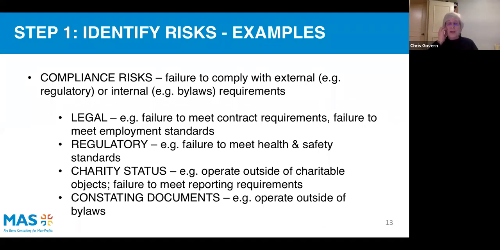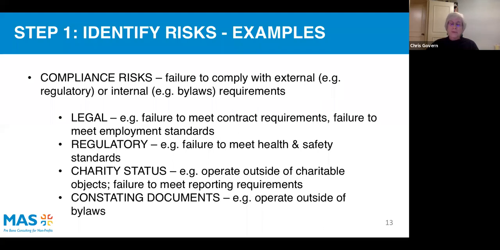If I look at legal risks, there is the failure to meet contract requirements, which might have legal and financial consequences for you. If you're a charity, you have the risk that you would operate outside of your charitable objects, and a risk that you would fail to meet the charitable reporting requirements.